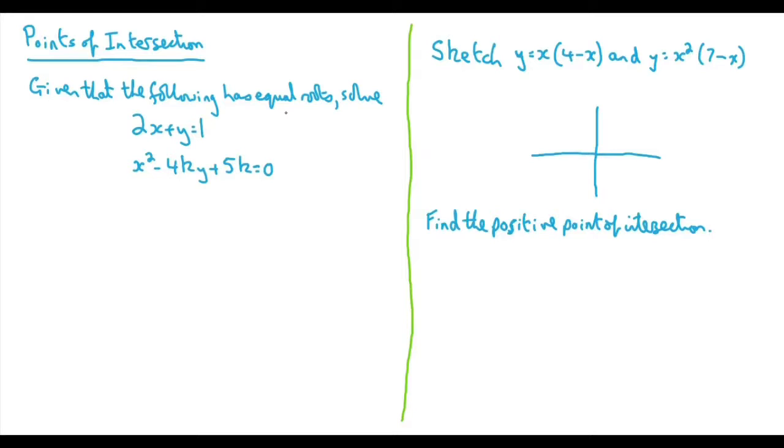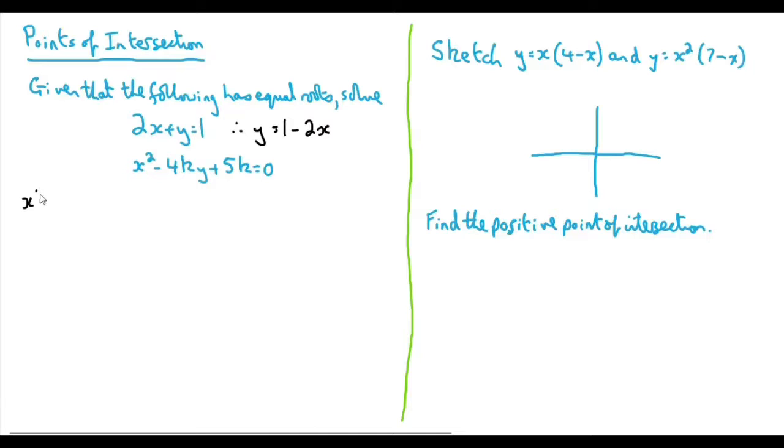So we're only looking to get one value of x out of this and one value of y, despite the fact that this is a quadratic. So what we will have to do to solve these is substitute one into the other, because this is a quadratic and this isn't. So we could rearrange this top equation to make y the subject, leaving us with 1 minus 2x, and therefore we can replace this y here with that expression.